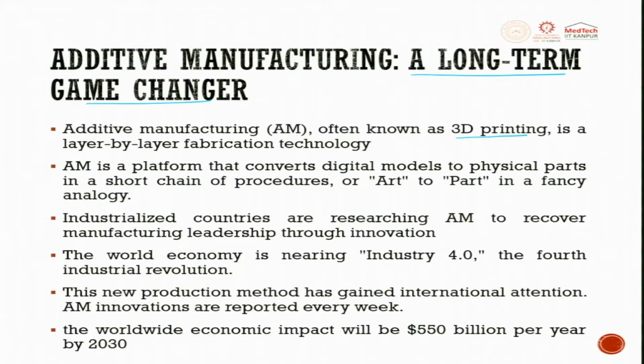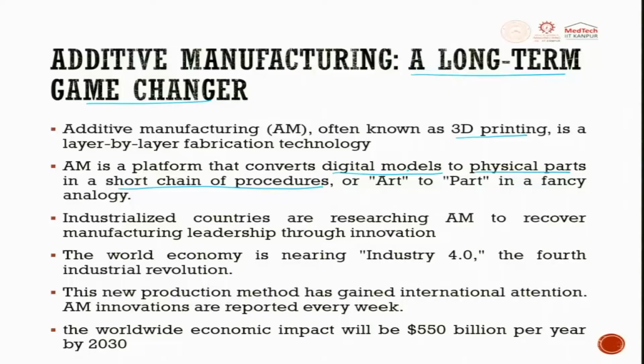Additive manufacturing is a platform that converts digital models to a physical part in a short chain of procedure. So, here whatever idea you have drawn, you can convert that drawn idea into a physical part in additive manufacturing. Earlier, what we used to do is we used to draw a part, then convert it into a manufacturing drawing, then release the manufacturing part drawing to various departments, like for example the constant volume process department.